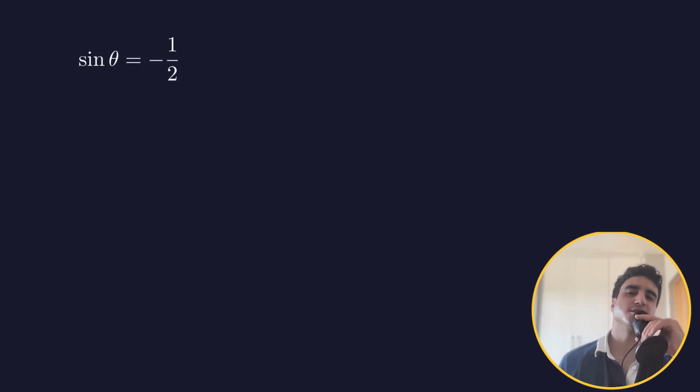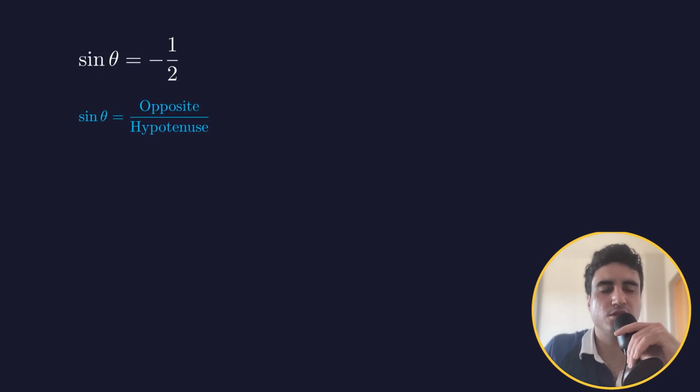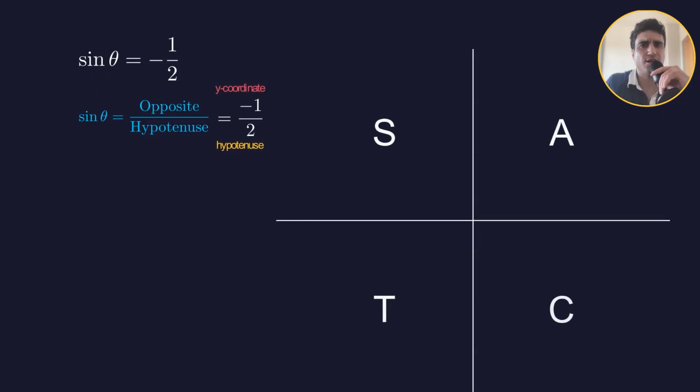Well, sine theta is equal to opposite over hypotenuse, remember? So if we've got our CAST diagram here, which represents our Cartesian plane in a way, and we've got negative 1 over 2, negative 1 is our opposite, that means our negative 1 is going to be representative of our y coordinate.